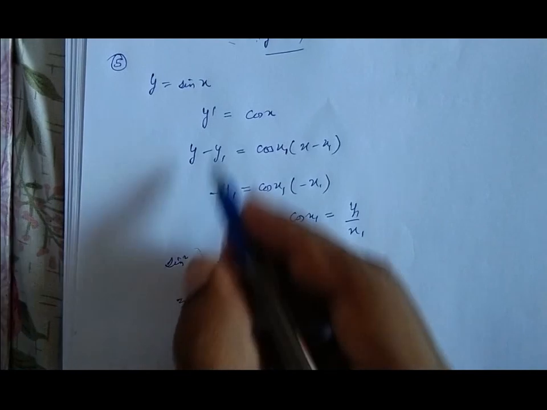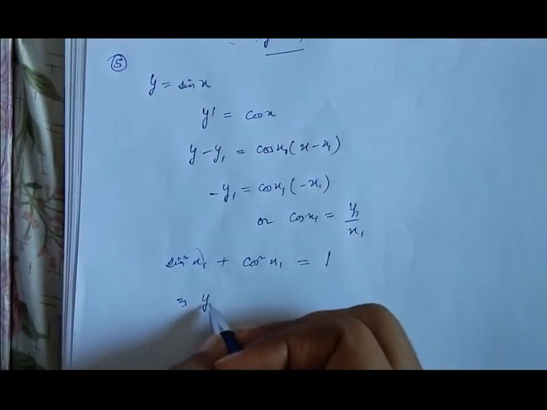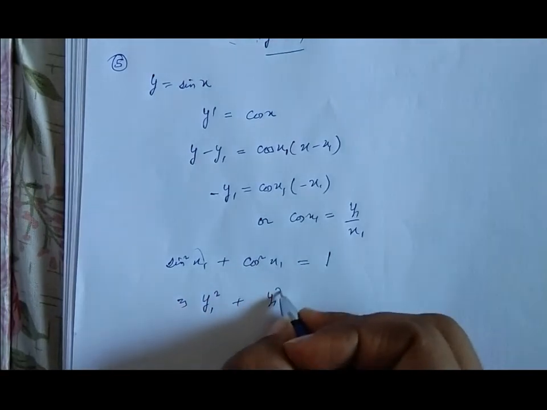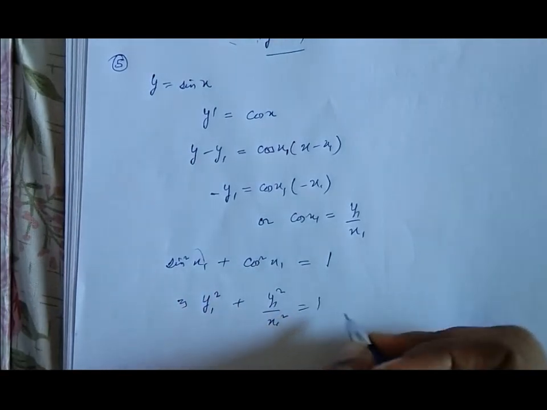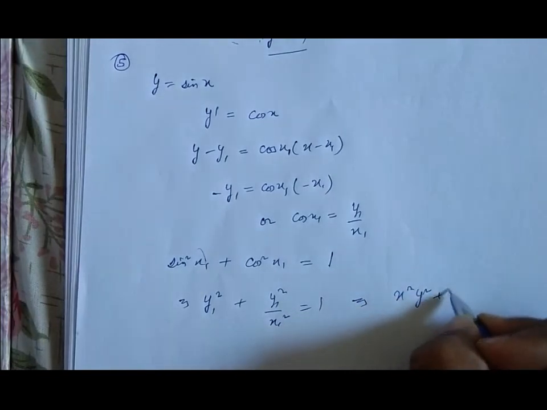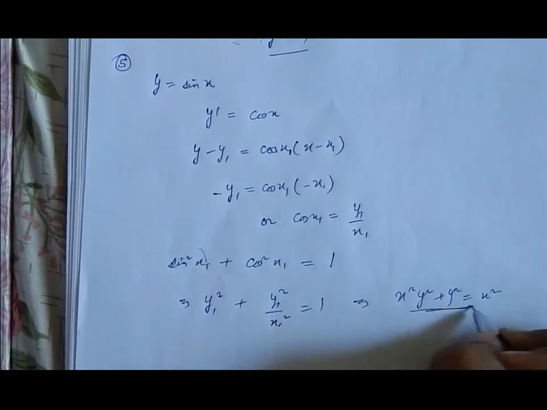Now sin square x1 is equal to y1 square, plus cos square x1 which is y1 square upon x1 square, equal to 1. This is the required locus, x square y square plus y square equal to x square.